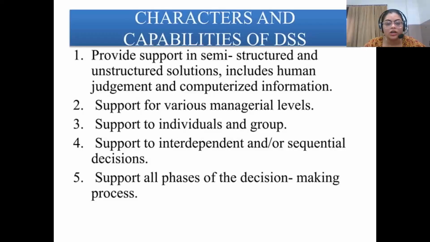So overall, we can say that some of the capabilities of DSS are that it supports each and every level of the organization: decision making, managerial levels, structured or unstructured solutions, judgments, and computerized information.